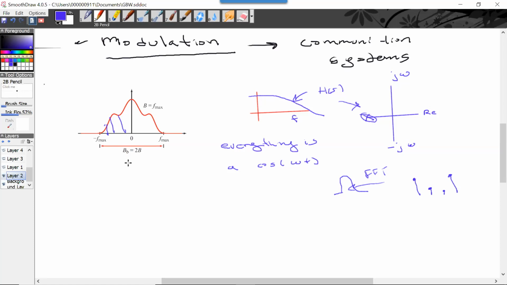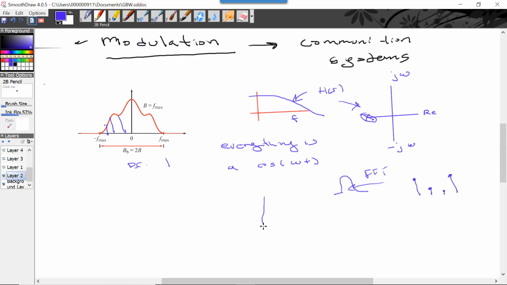So this starts off at DC and goes to F max, and in this case, we also need the negative side. The Bode plot is calculated by changing s to j omega, or j 2 pi f, but we just use the positive axis because that's log.